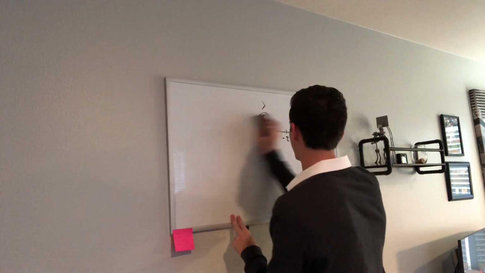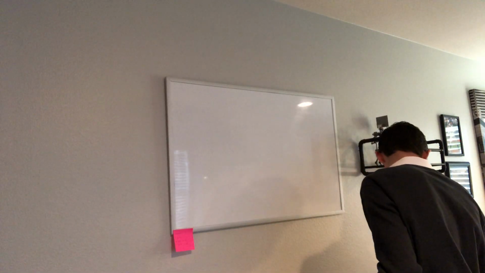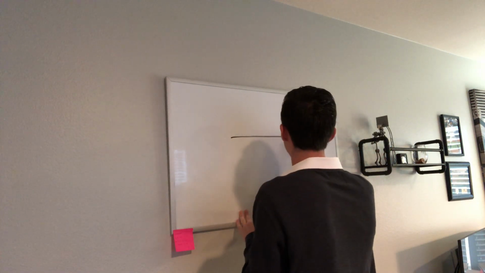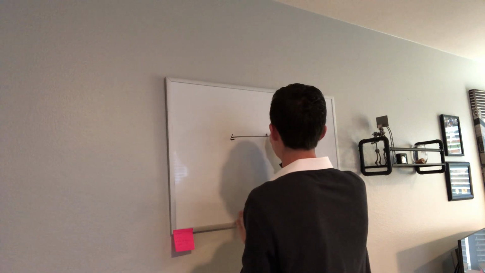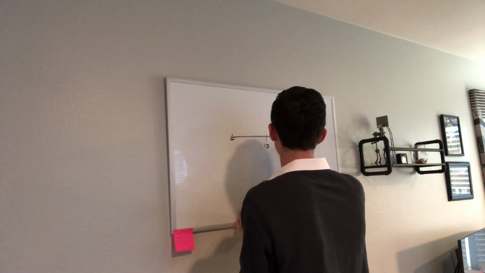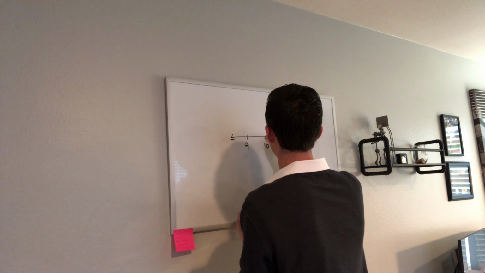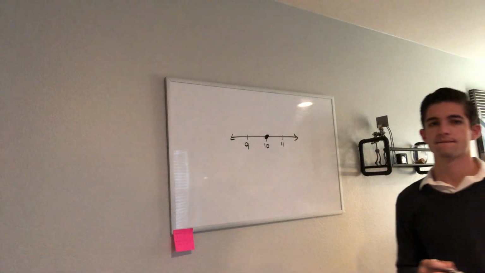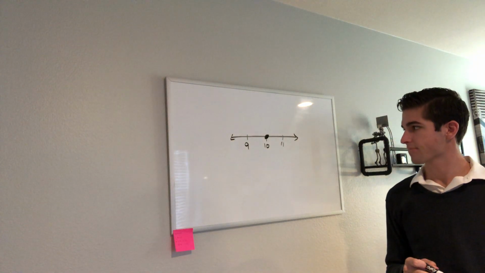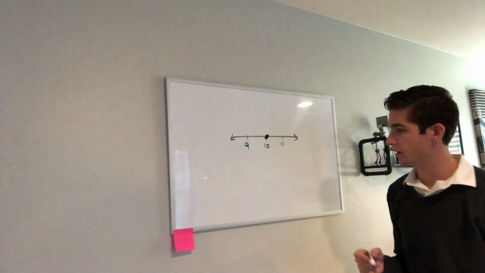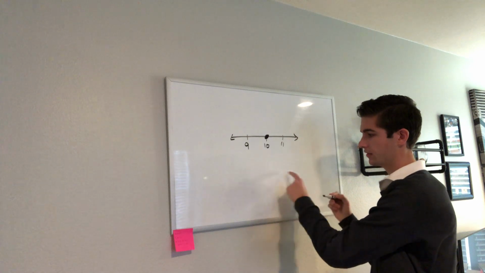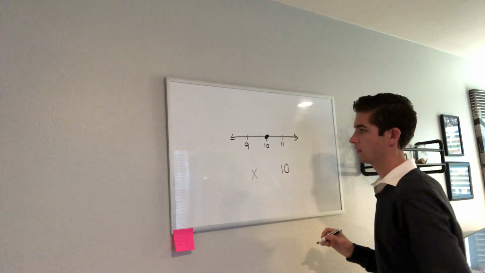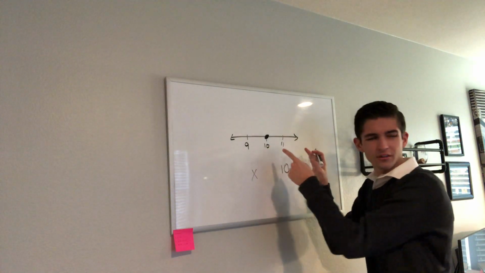So, example 2, we have... So, same thing. We're going to start with an x and a 10. Now, is there shading on this graph at all? Right?